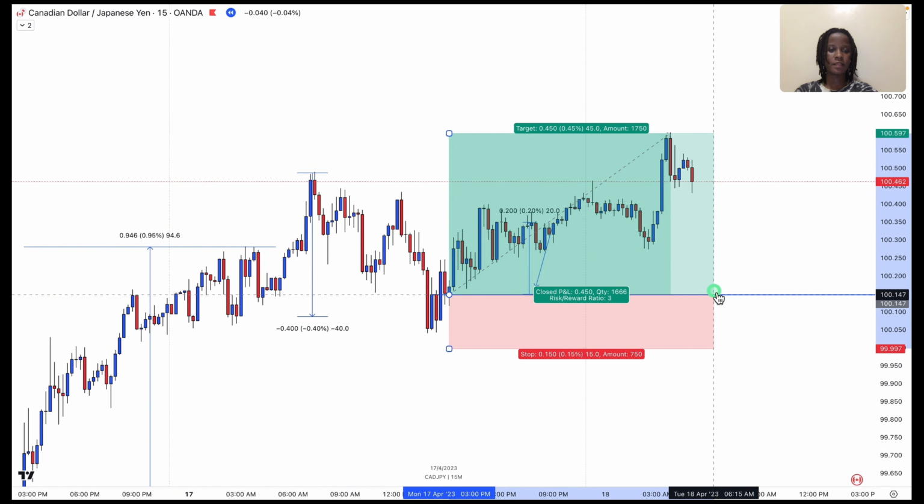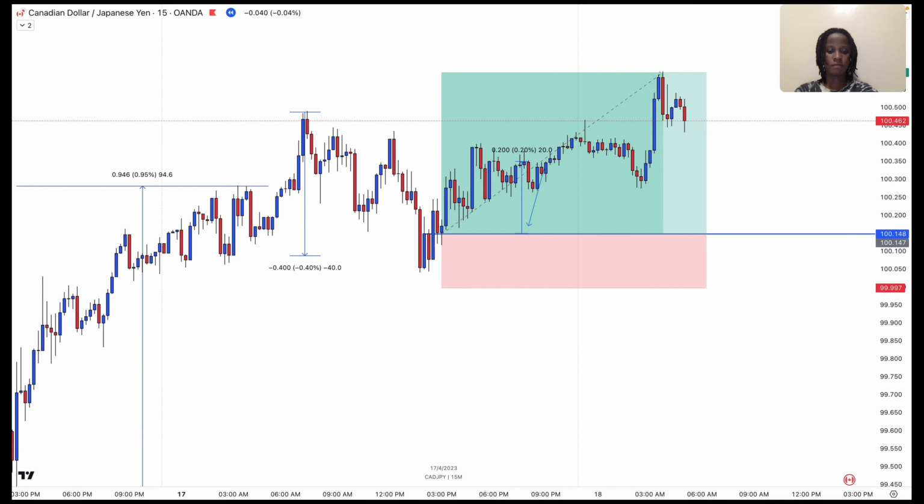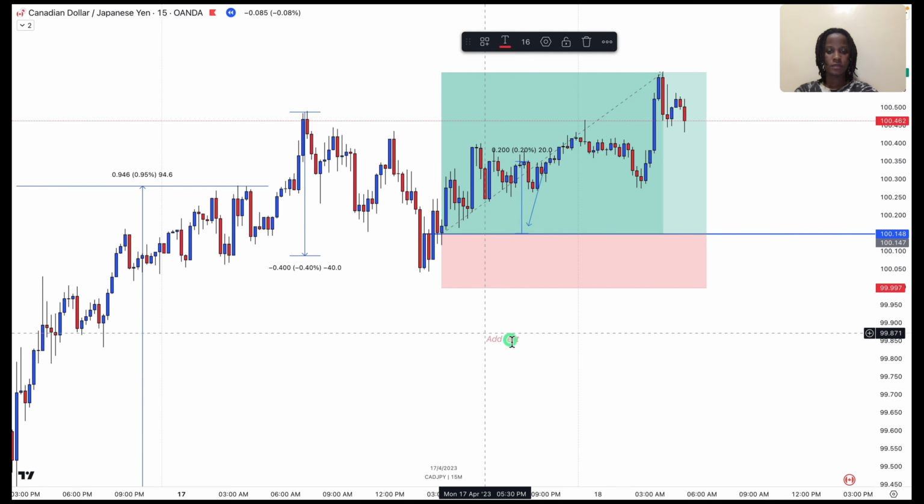So this is another winning trade for us in the month of April. This is 3R again, and remember, we're up 6R so far in the month of April. You can see this is on 17th April, so we'll not be trading on the 18th April because we already had a winning day.